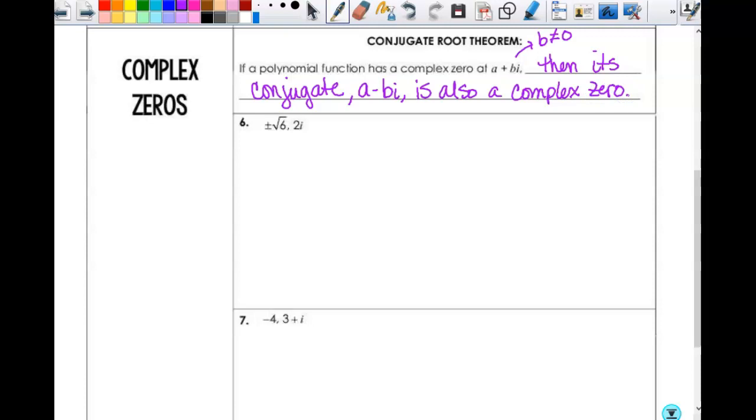So I don't have to list it out. You just know that if you have an imaginary number, its conjugate is also one of the zeros.